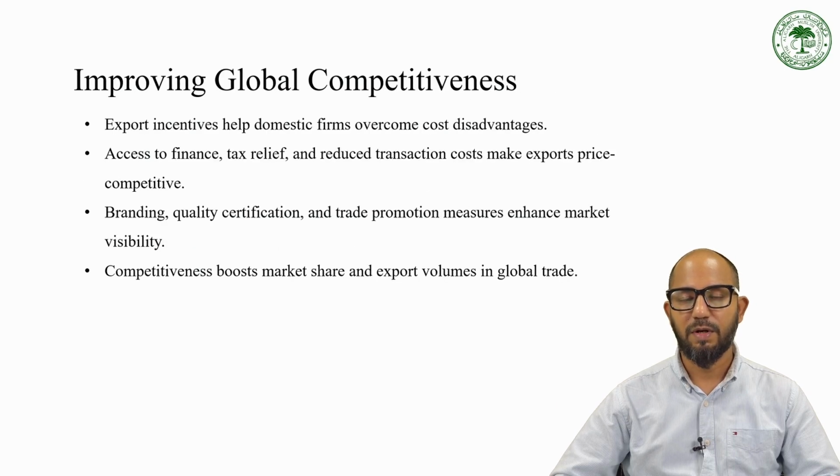The next important feature achieved by export incentives is global competitiveness. Export incentives help domestic firms overcome cost disadvantage, and by reducing the cost of their products or services in the international market, they can compete with other global players.